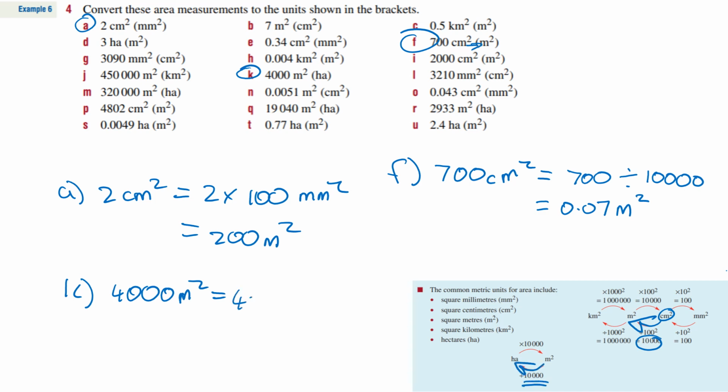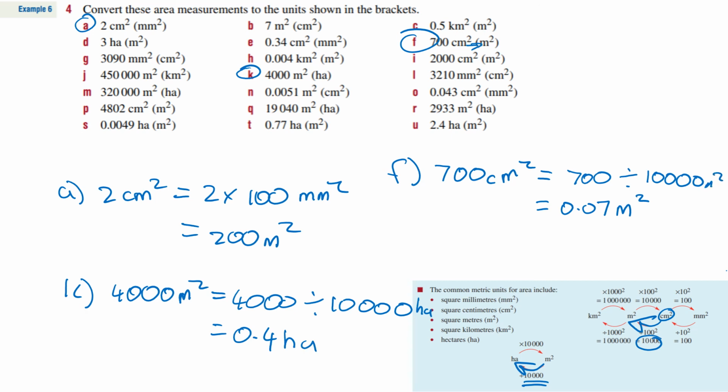So I'm going to go 4,000 divided by 10,000. Okay, and that's going to give me 0.4. I actually should have included this before, hectare here and hectare here, and I should have done the same up on the top one there. So that's what it should look like.